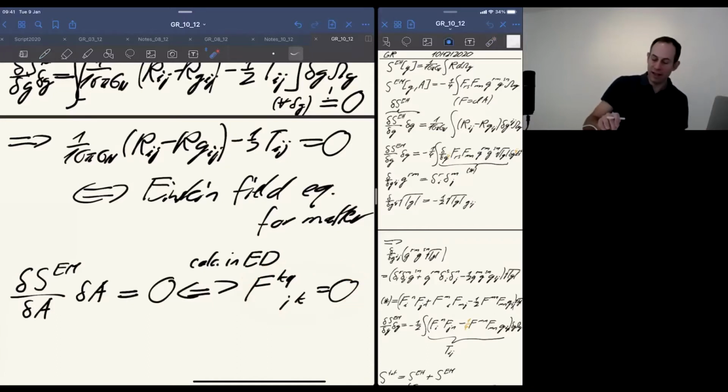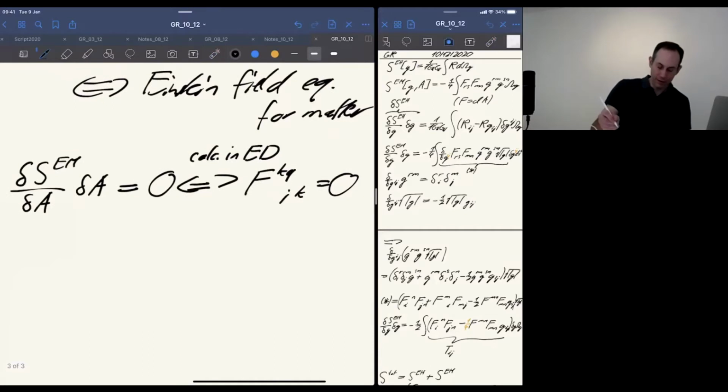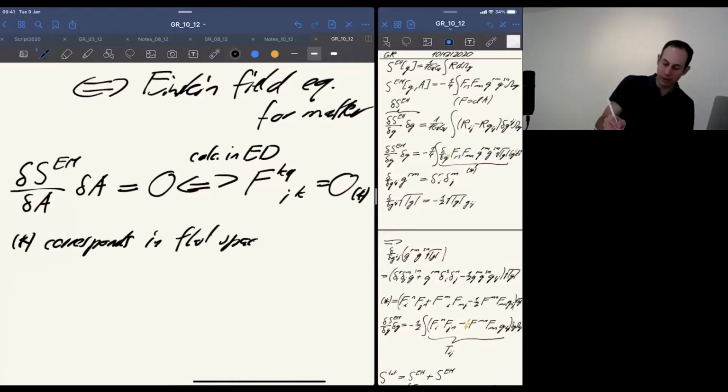And indeed, in electrodynamics, this thing here, maybe I'll write this here, star corresponds in flat space-time, because electrodynamics was in flat space-time, to the inhomogeneous Maxwell equations.